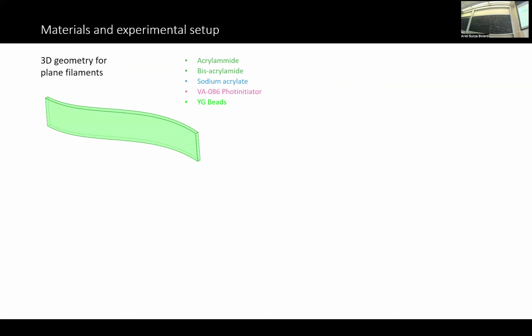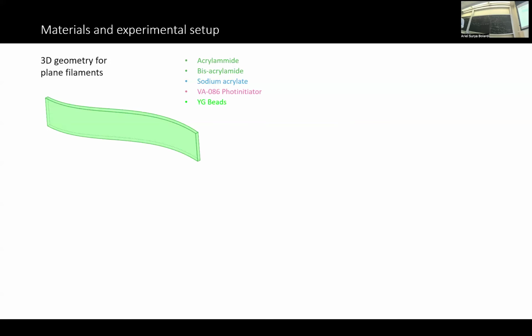So, as I was saying, the material that we are using is a hydrogel, which is essentially a polymer, like a sponge filled with water. The base polymer is made by acrylamide monomers, which cross-link with this acrylamide.